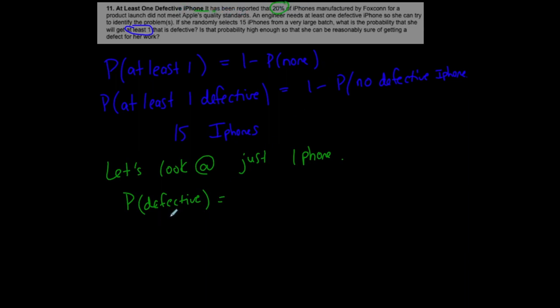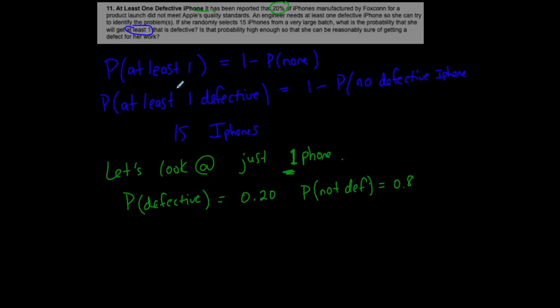So in general, if 1 is defective, the probability that it is defective is 20% or 0.2. For 1 phone, what is the probability that it is not defective? Well, if the probability that it is defective is 0.2, the probability that it is not defective is the complement, which is 0.8. This is for just 1 phone.